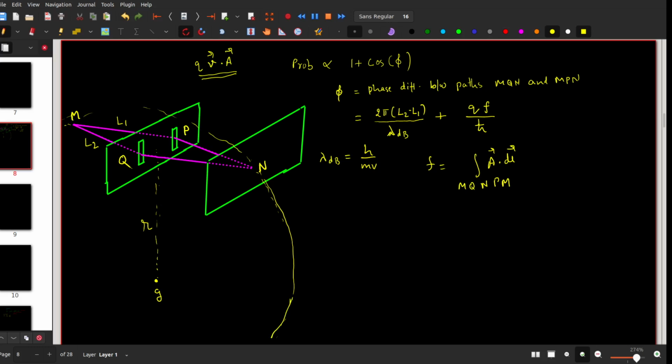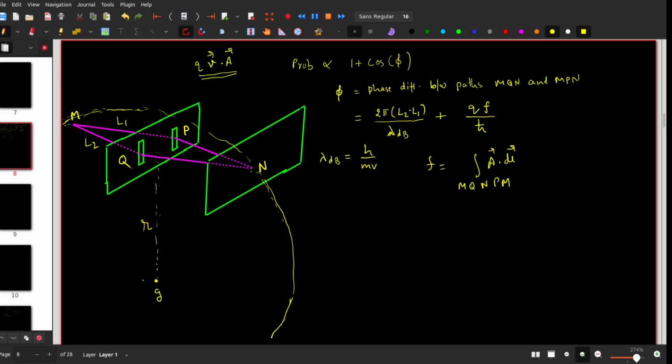We consider a large sphere, and we assume that this sphere is so large that this curve M, Q, N, P, M lies on the surface of this sphere. This monopole is placed at a large distance from this setup so that this curve fits on the surface of this sphere.